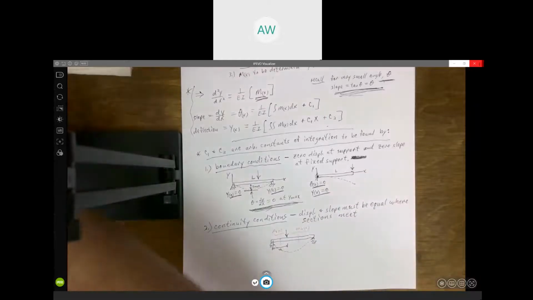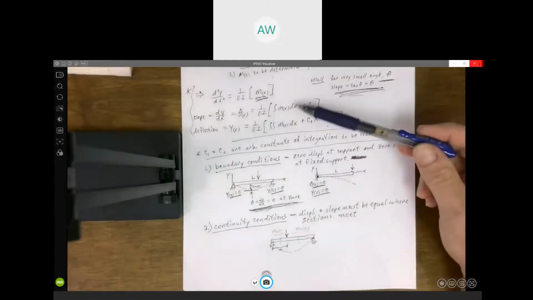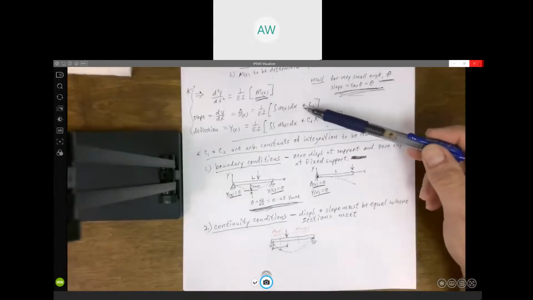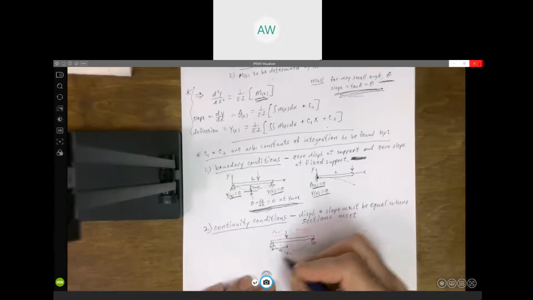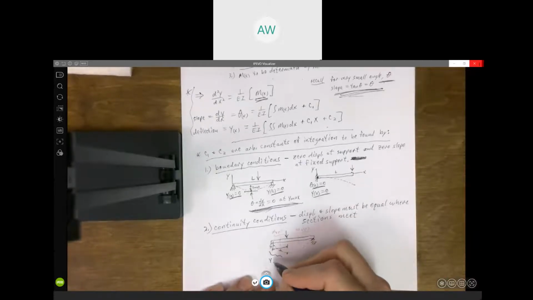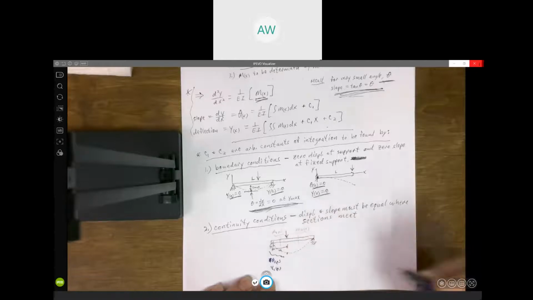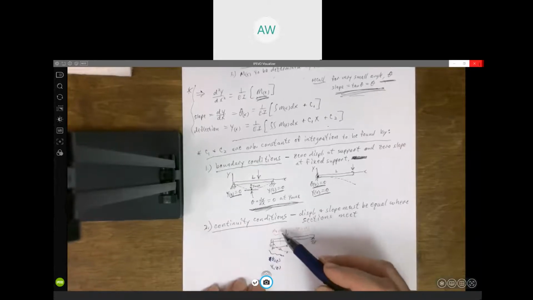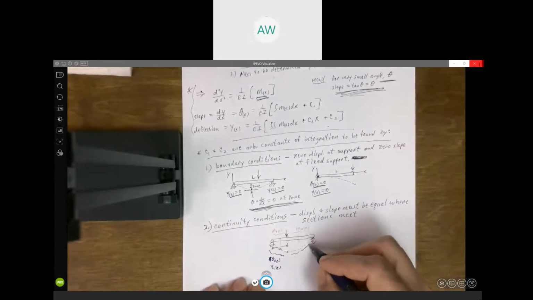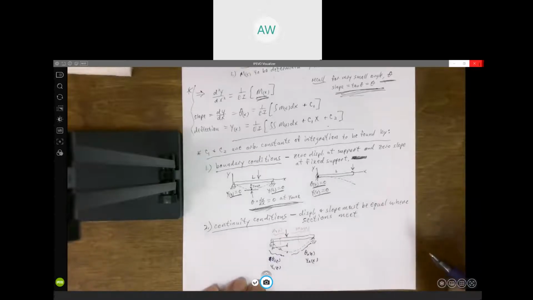So consequently, that's going to give you different equations for slope, and a different equation for the displacement. So for this part of the curve, we're going to get, say, theta 1 of x and y1 of x. It's going to give me the slope and displacement for this part. And again, that comes from that moment. Over here, we're going to get a different set of equations, a different equation for slope, a different equation for displacement.